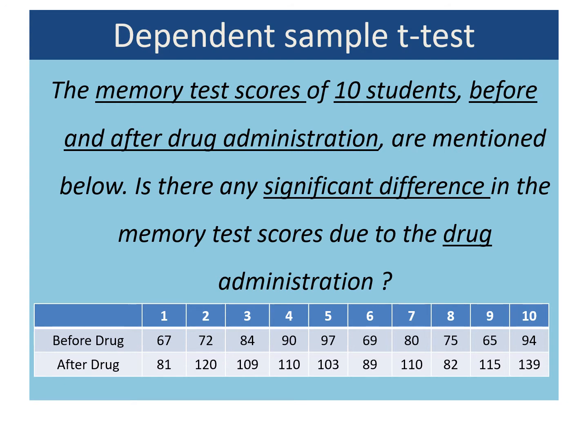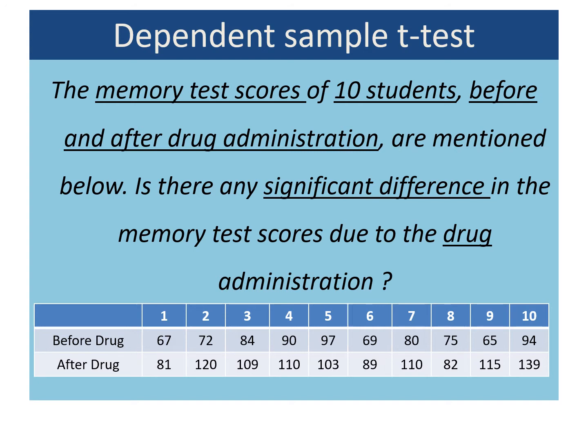So drug is the independent variable and memory test scores are the dependent variable. And as it is mentioned, significant difference. Significant as a word denotes that we need to compute an inferential statistic, and from the word difference we can understand that it is denoting the significant mean difference between the groups.